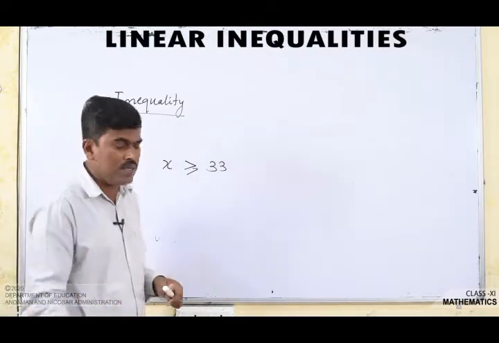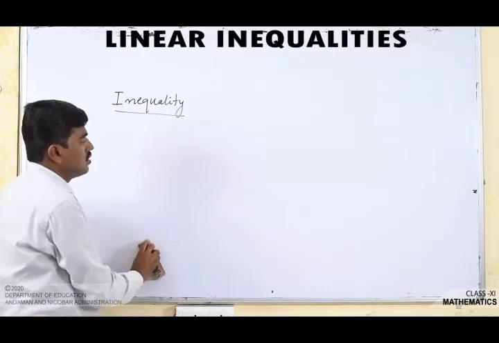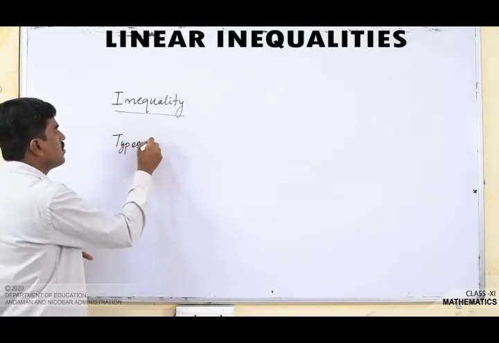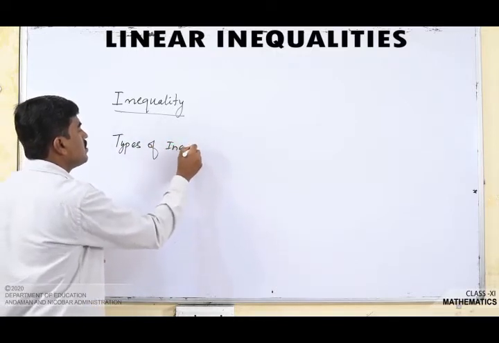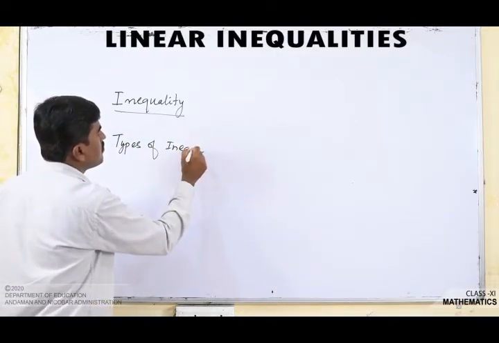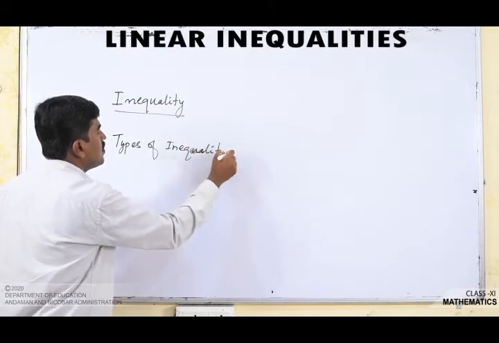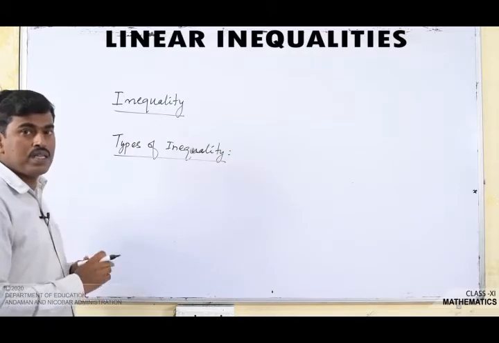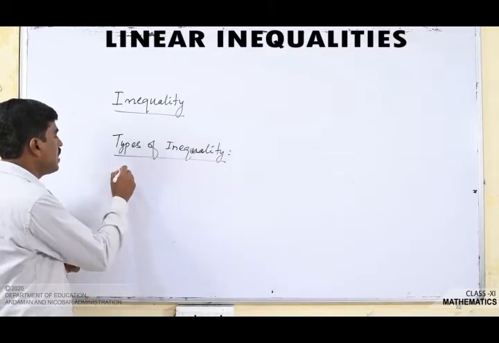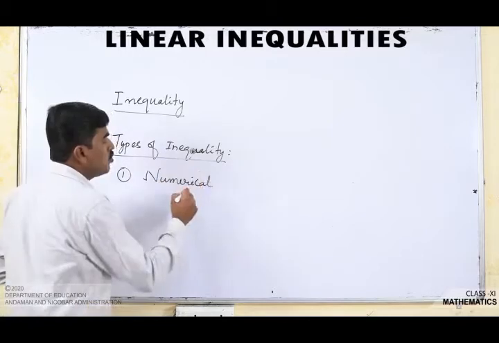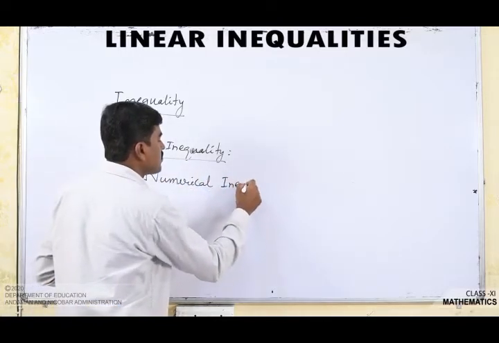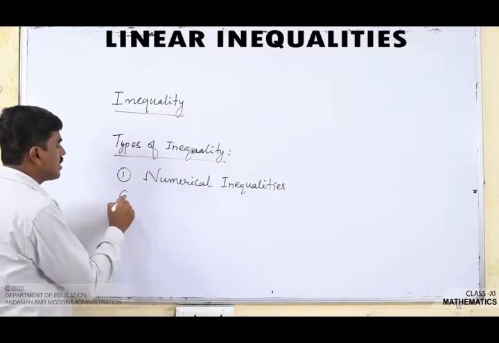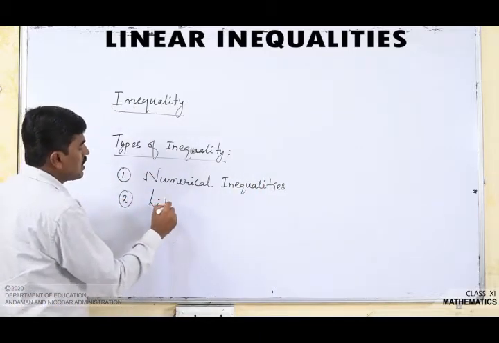Okay. Now we will see types of inequality. According to the variables and numbers used in an inequality, there are two types: the first one is numerical inequality, and the second one is literal inequalities.